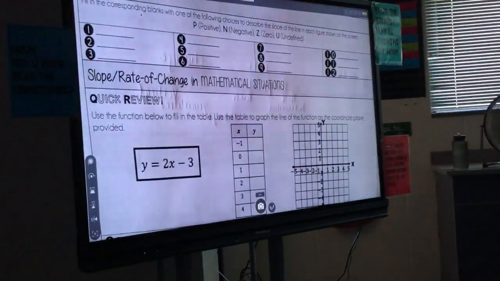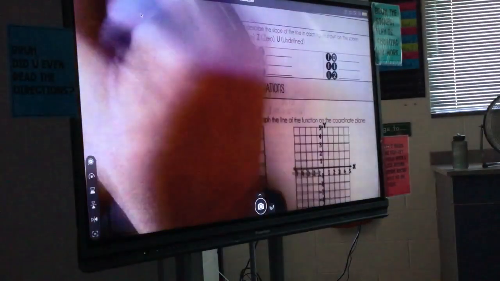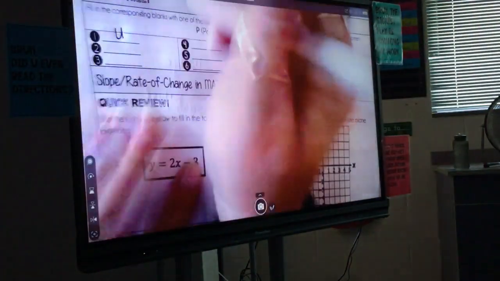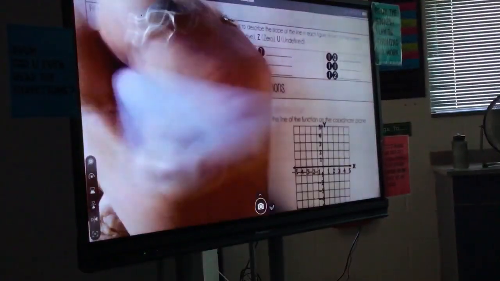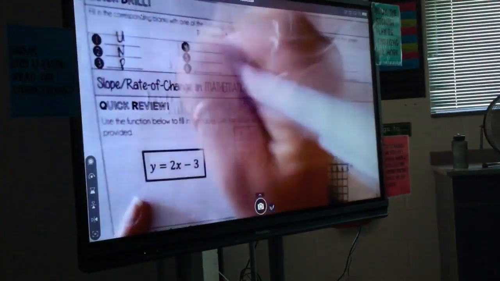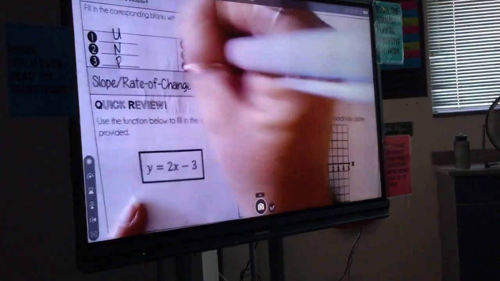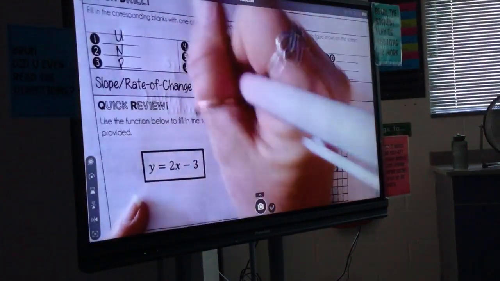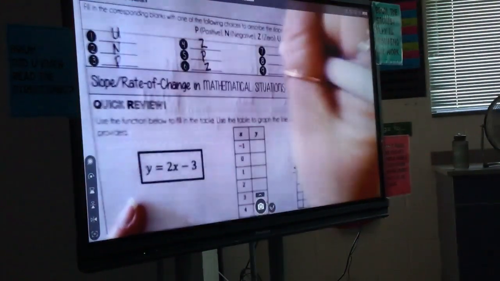All right, so what was number 1? Raise your hand. Ariana: undefined. What was number 2? Sebastian: negative. Number 3? Brayden: positive. Raiden, number 4: 0. Richard, number 5: positive. Ryan, number 6: 0. Brielle, number 7: negative.